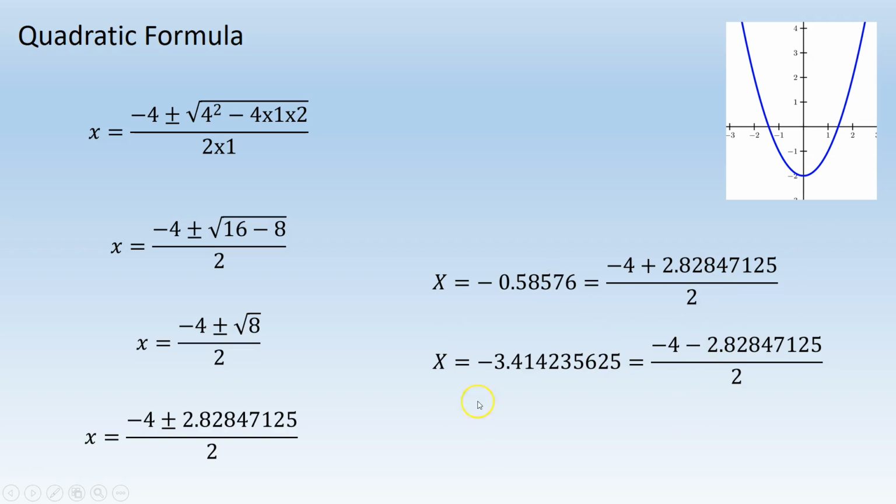So we have the 2 values for x. You could subscript these if you wanted, like x1 and x2, or x plus and x negative, so that we know that we've got the 2 values for x.